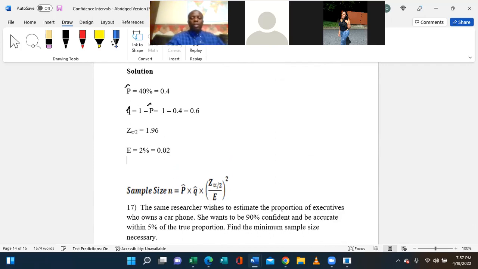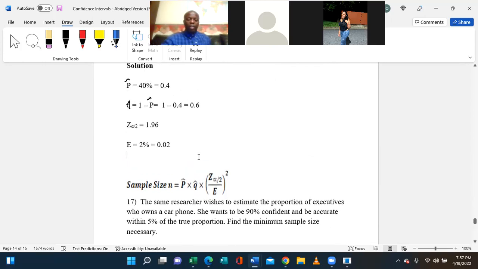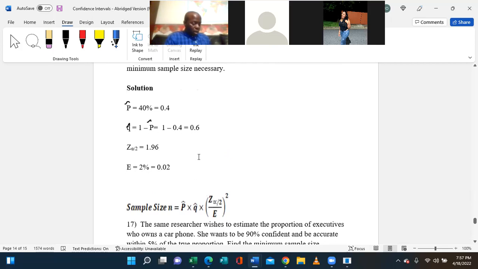Now, plugging all this into this formula, we have our minimum sample size. Let me write this down, then we'll plug them in. It's going to be p hat times q hat times the z alpha over 2, which is the critical value, over error, squared.